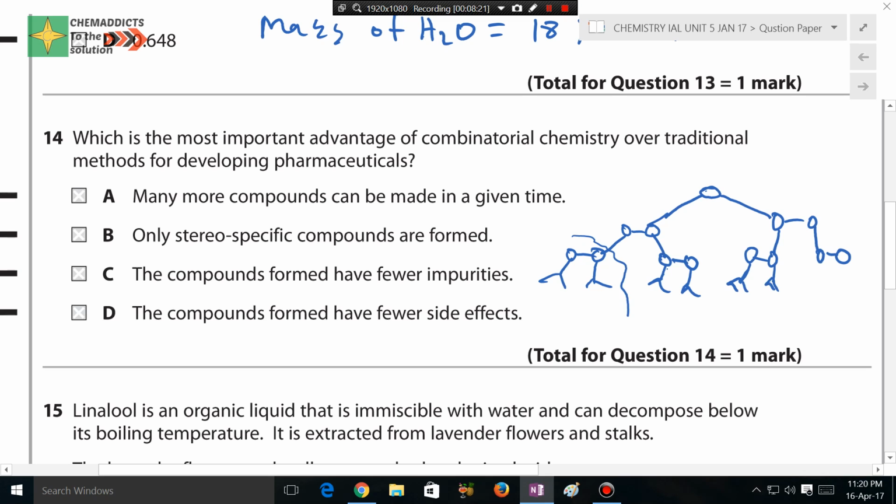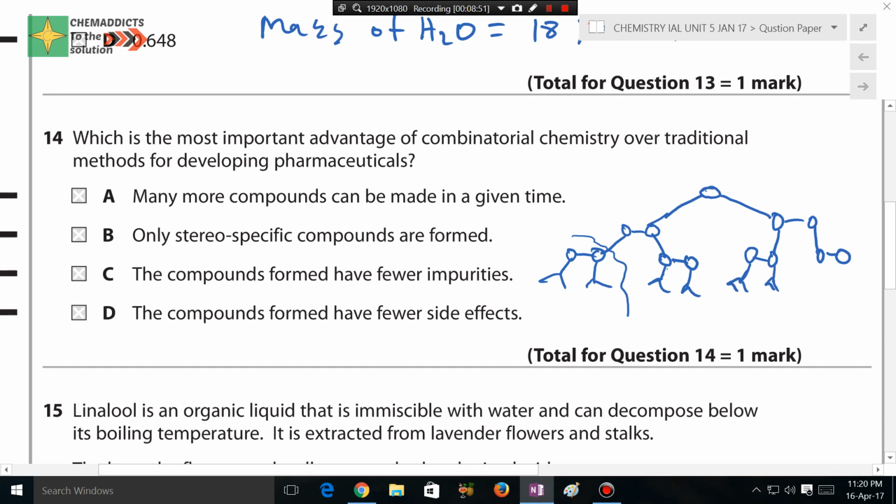So here we can see that we can create a lot of varieties of chemicals in a given time. We have formed multiple chemicals using just one type of thing.